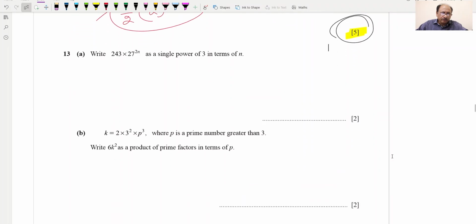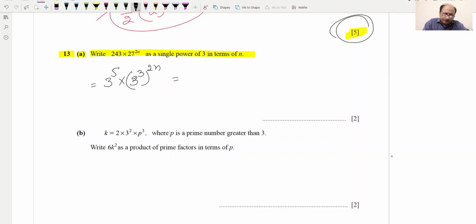Hopefully you understood this. Now question number 13. Question number 13, part A says, write this as a single power of 3 in terms of n. 243, we can write as 3 raised to the power 5, and 27 we can write as 3 cubed, whole raised to the power 2n.